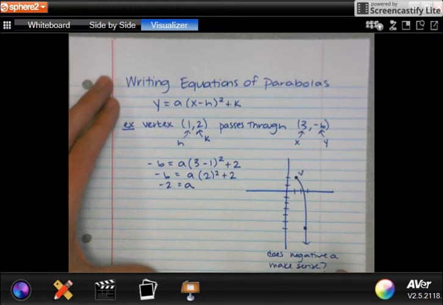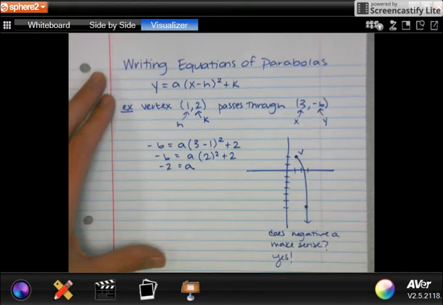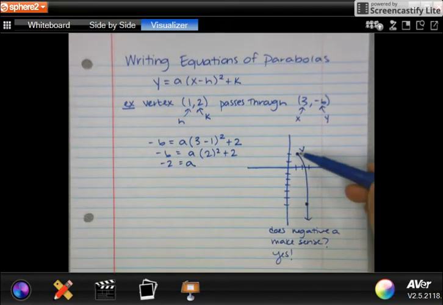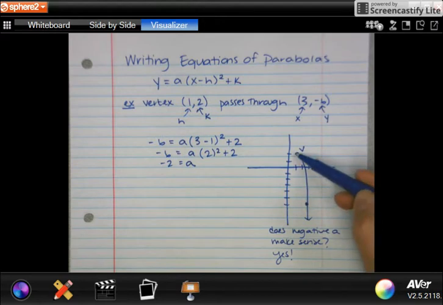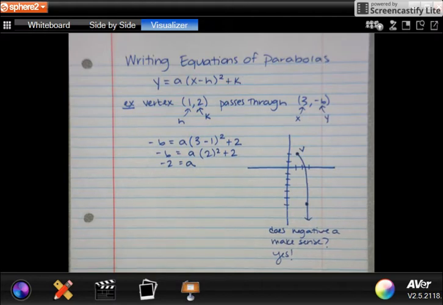And the answer to this would be yes, of course, because this is a parabola. If that's the vertex and then that's the point, you know this is going to be a downward parabola, so definitely -2 as my a value makes sense.